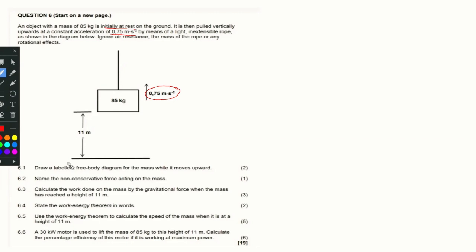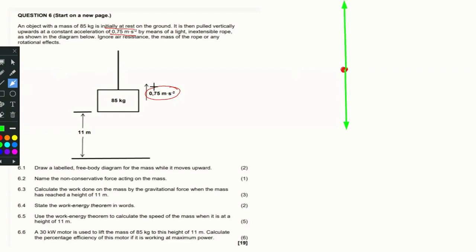Then 6.1 says, draw a labeled free body diagram for the mass while it moves upward. 2 marks, right? So what are the two forces here? It has to be the gravitational force acting downward, and the tension force acting upward.